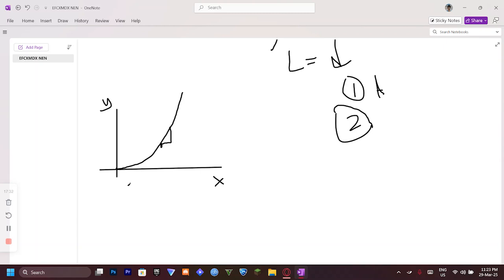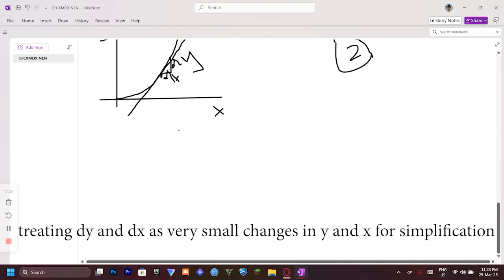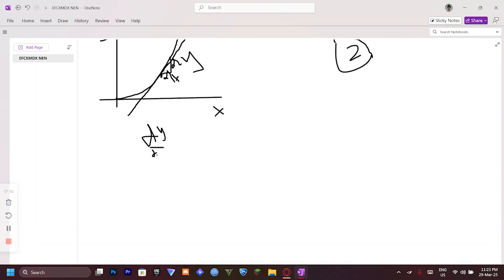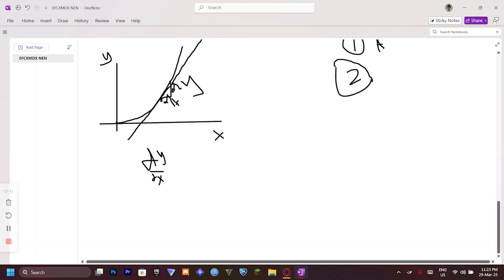Your derivative is the gradient of this tangent, which is, this is dx, this is dy, so it's dy divided by dx. So this is the gradient of this tangent.